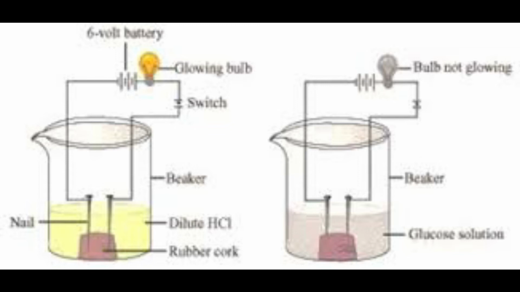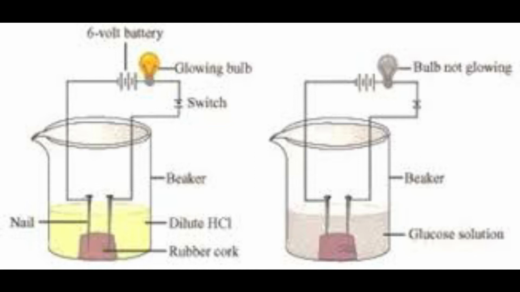So we say that acids are good conductors of electricity. The same happens with sulfuric acid also. But when an alcohol solution is taken the next time, alcohol does not conduct electricity. At the same time, a sugar or glucose solution in water also does not conduct electricity and the bulb does not glow.